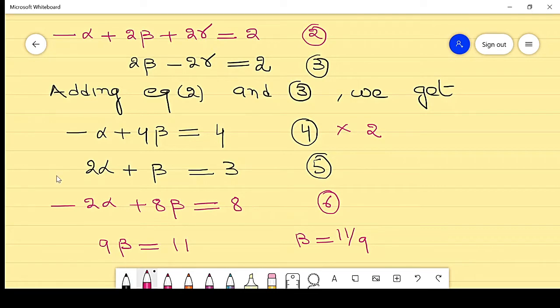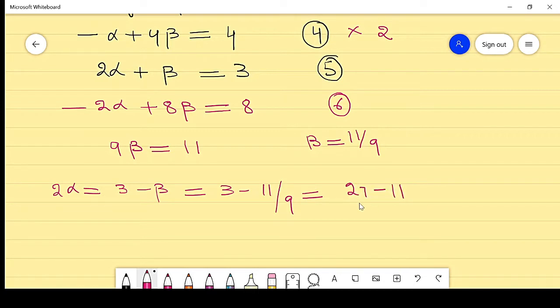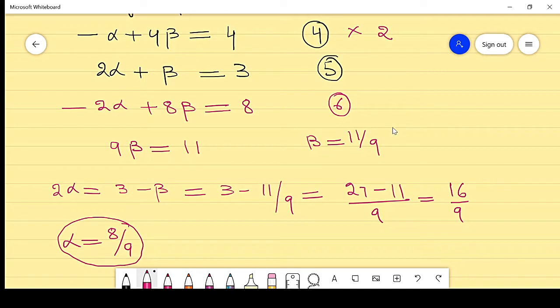Now this equation can be written as 2 alpha equal to 3 minus beta, which is equal to 3 minus 11 by 9, which is 27 minus 11 by 9, so this is 16 by 9. So alpha will be 8 by 9. So this is the value of alpha and this is the value of beta.